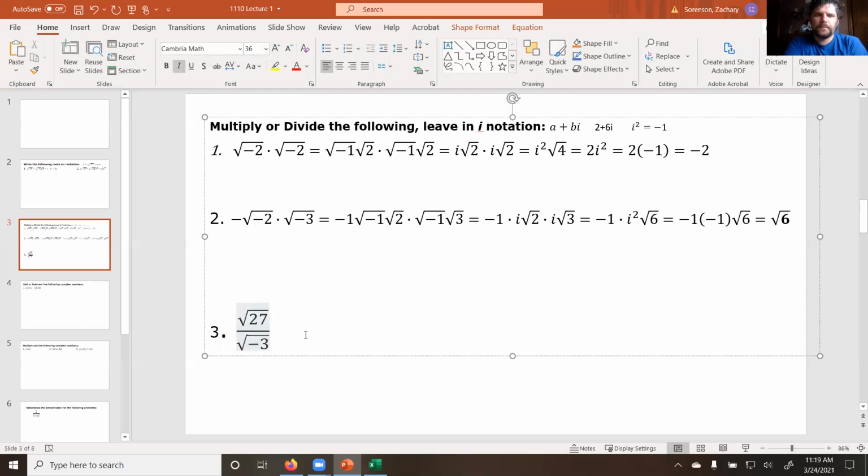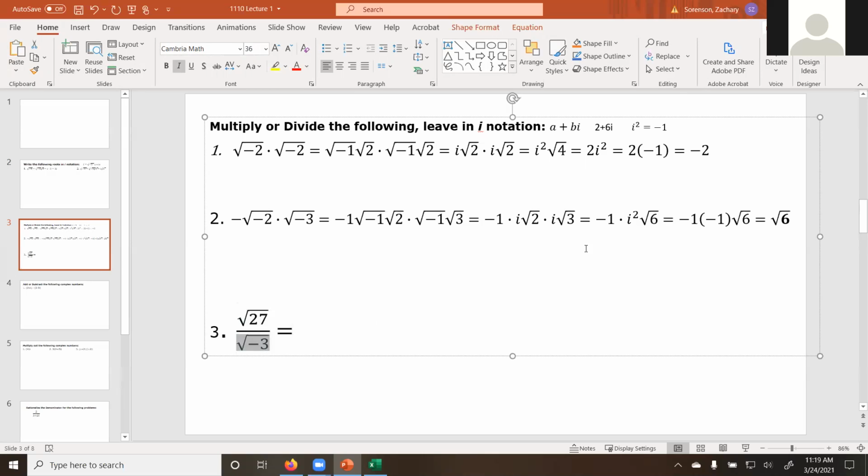Okay. One more of these imaginary numbers, but now we're doing division. So someone besides John walk me through this problem. If you need a hint, I don't like that on the bottom.